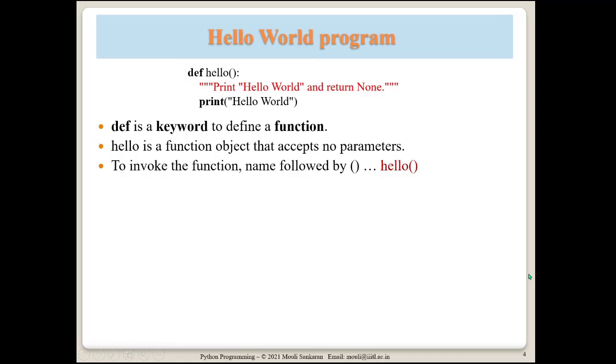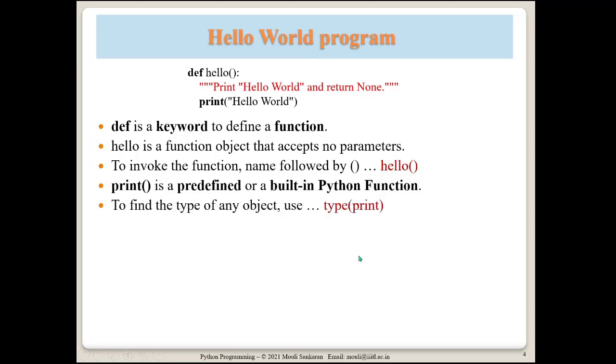To invoke a function, what you do is you call it like this with the open and close parentheses. If you do just hello, it's just a label, but you need to invoke it with this syntax. Print is a predefined built-in Python function, so you don't need to hash include stdio or anything, it is built in, so you can just use it.